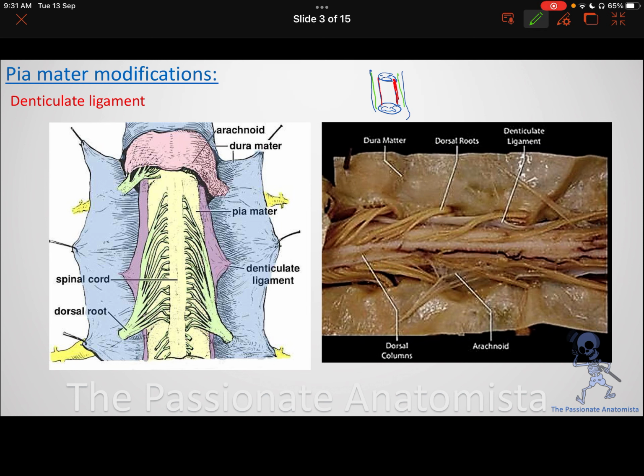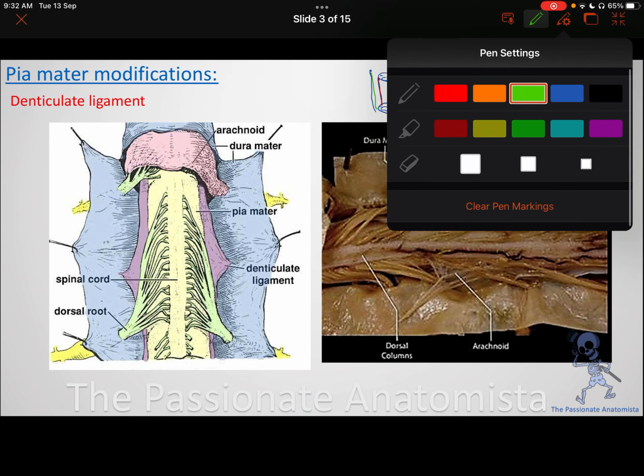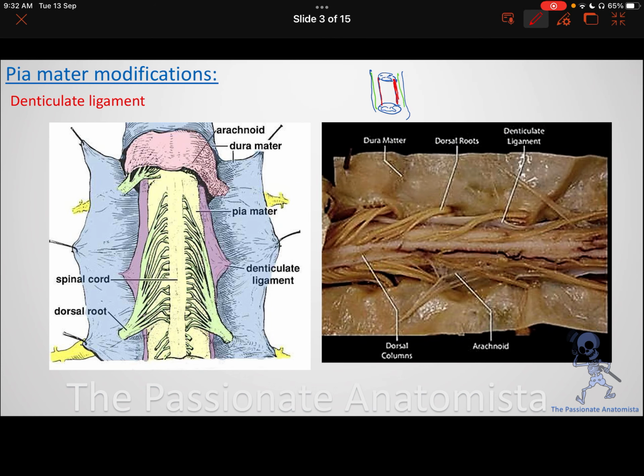I don't want to talk about the arachnoid now. I'll talk about the pia, because there are some terminologies that confuse the students between parts of the spinal cord and parts of the pia mater. What happens is the pia mater has modifications.